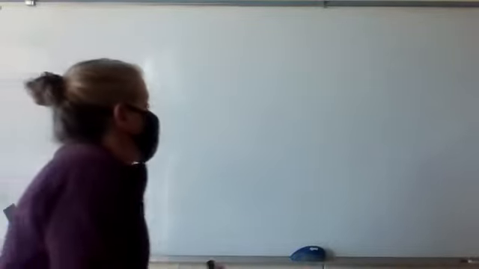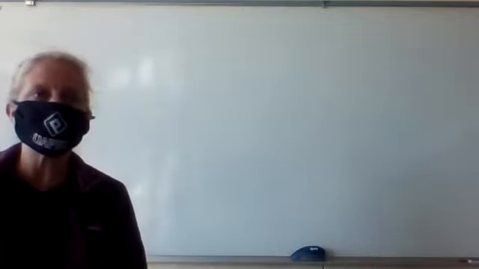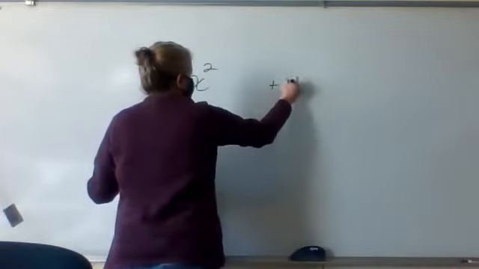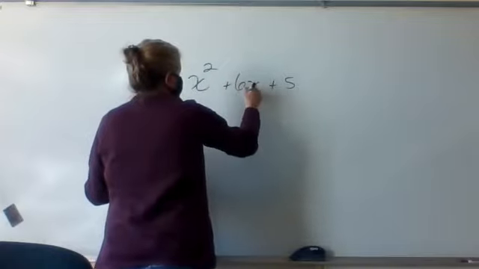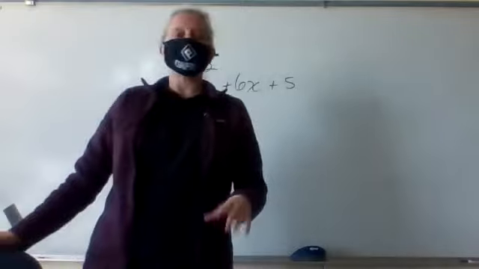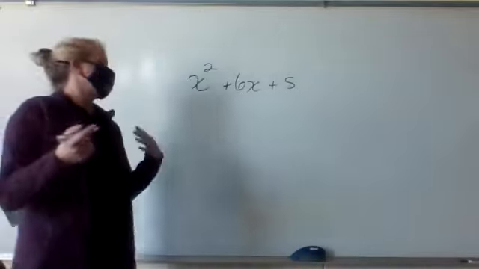Remember when we were finding zeros, let's just say it was a function like this, and we wanted to find the zeros of it, or the x or the solutions. We worked this one of 2 ways.